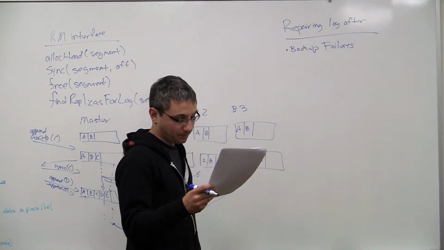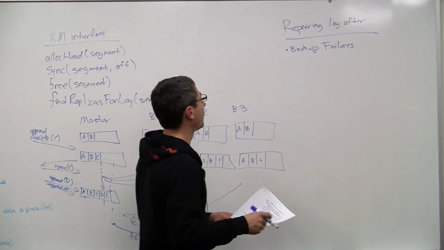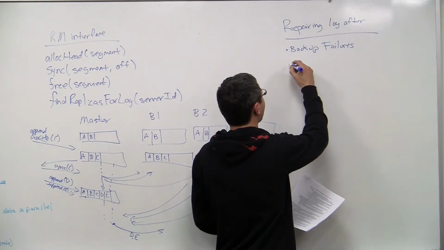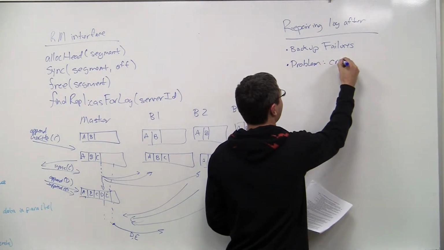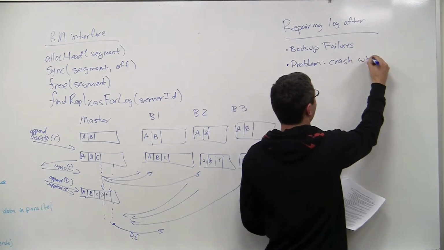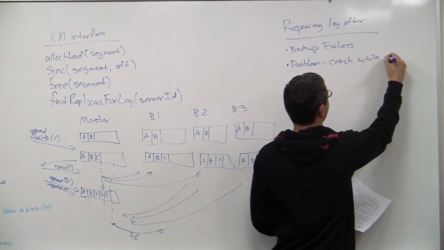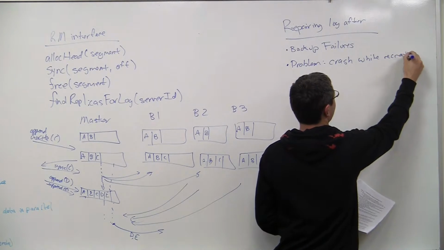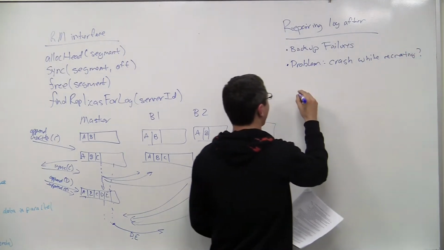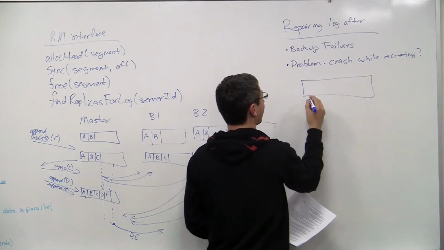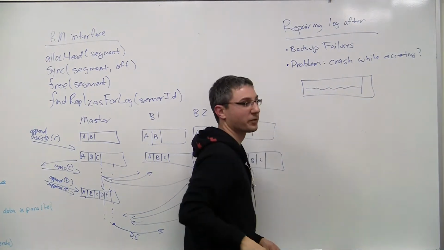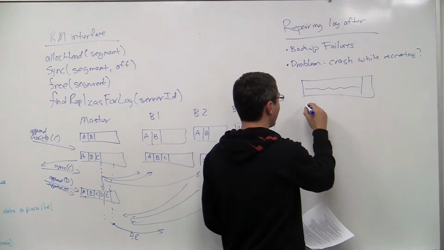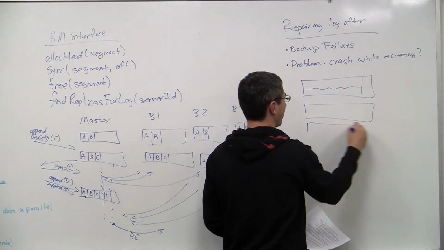Okay. So this raises a kind of weird problem. What if you crash while you're recreating a replica? Remember, we have some segment on the master. It looks all nice, it's got a bunch of data in it, it's almost full. And then we had some copies of this stored on a few backups in the cluster.